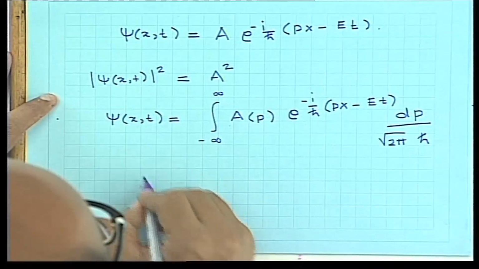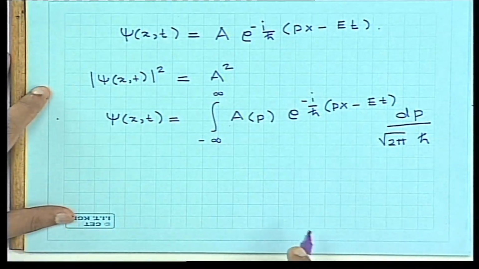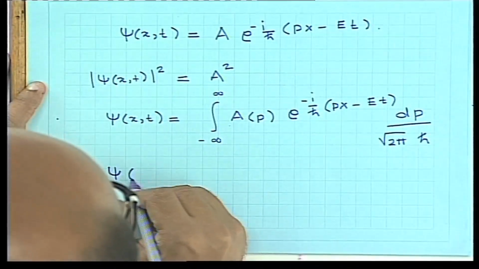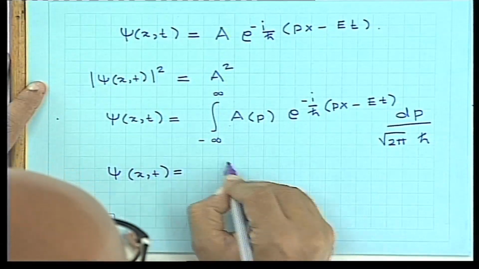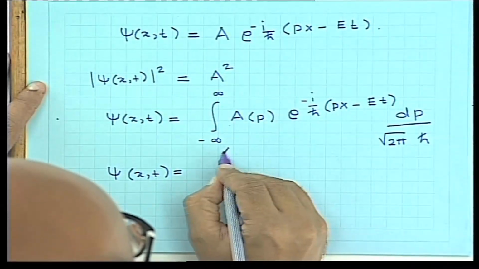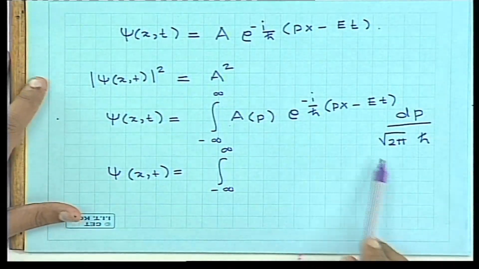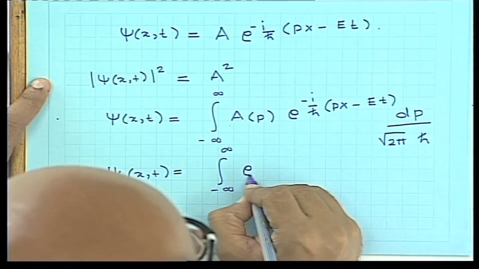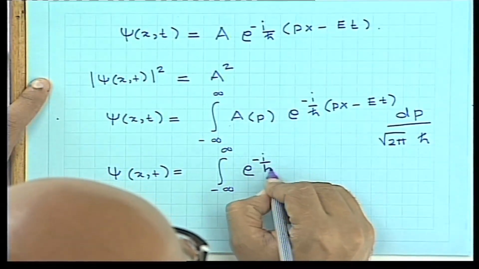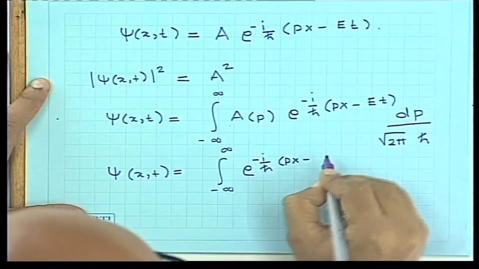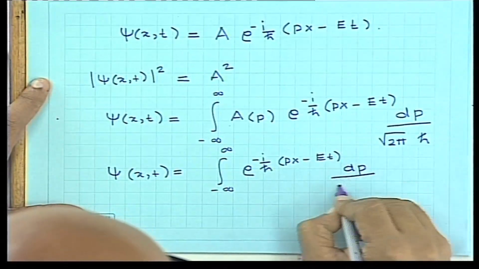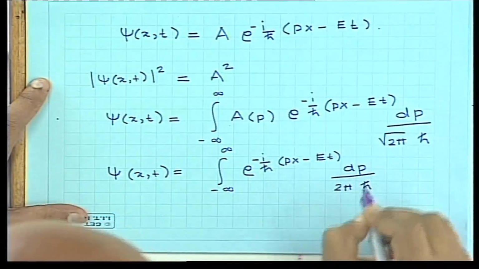Let us consider a particular case where A of p is a constant. So we have psi of x, t equal to the integral from minus infinity to infinity, and we choose the constant to be 1 by square root of 2 pi, so we get e to the power minus i by h cross (px minus Et) dp by 2 pi h cross.